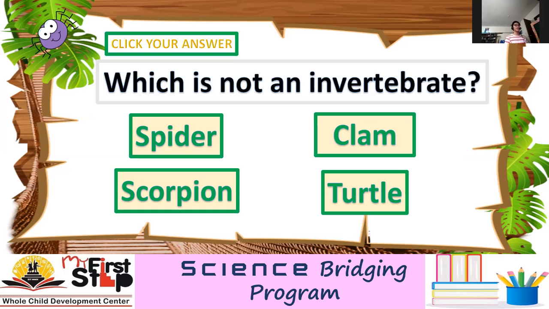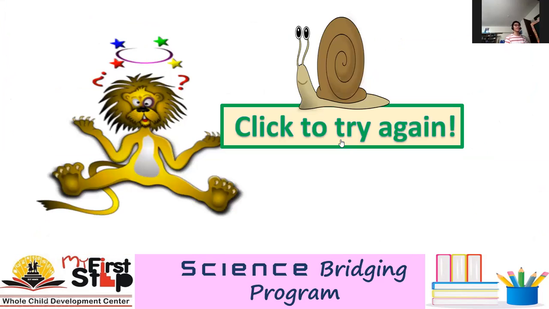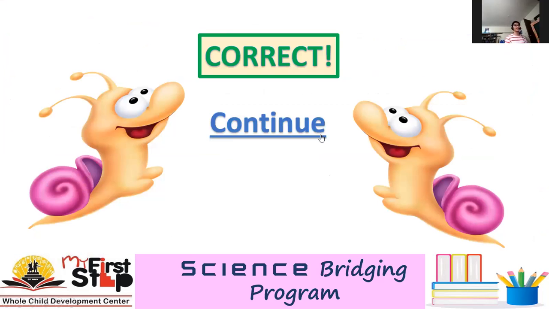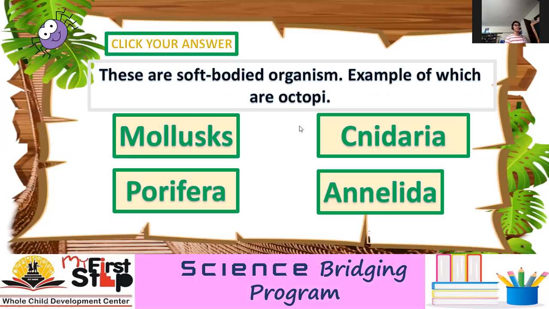Now, if you click some other option, like clam, that's wrong too, so you click try again. Let's try turtle. Okay, your answer is correct. Now let's click continue.